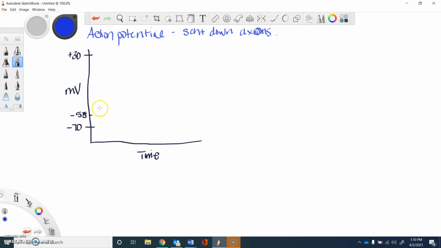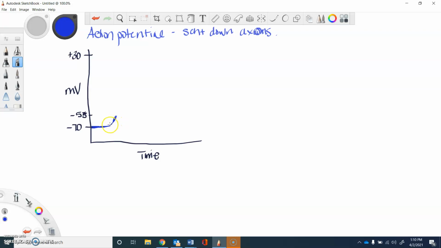So an action potential, we have a resting neuron here, and an action potential is started or triggered by a graded potential. We already said that. The graded potential, as it's traveling across the cell body of that neuron, is increasing the potential of the membrane a little bit.